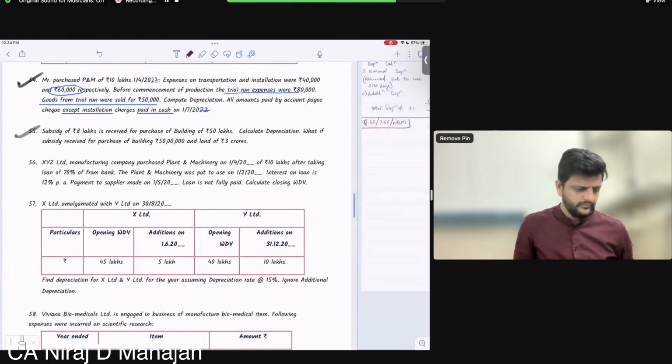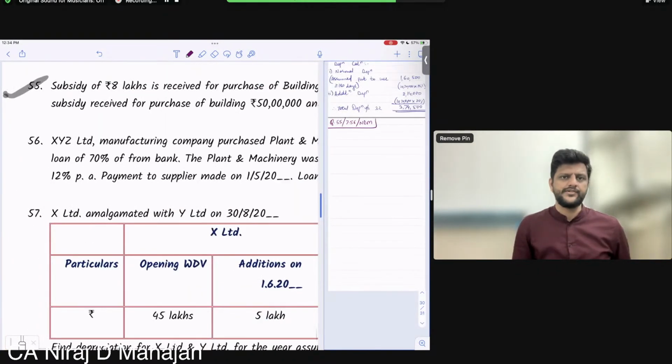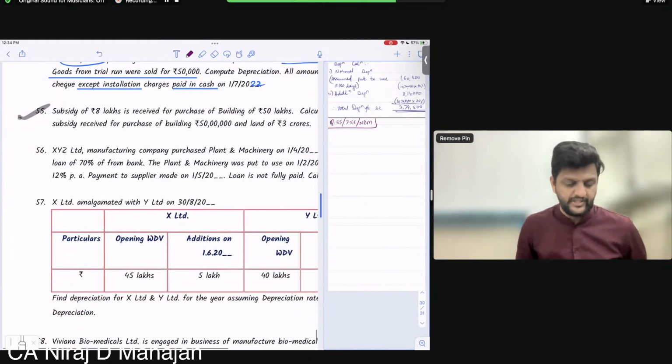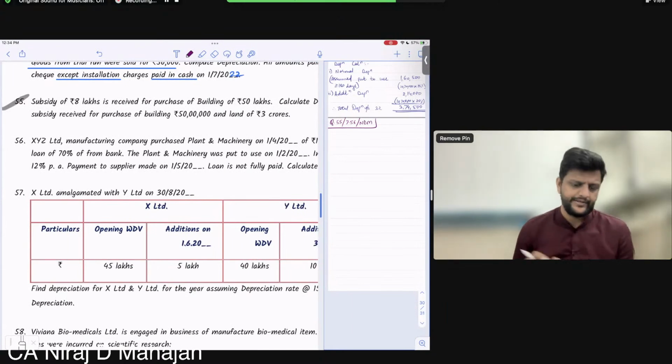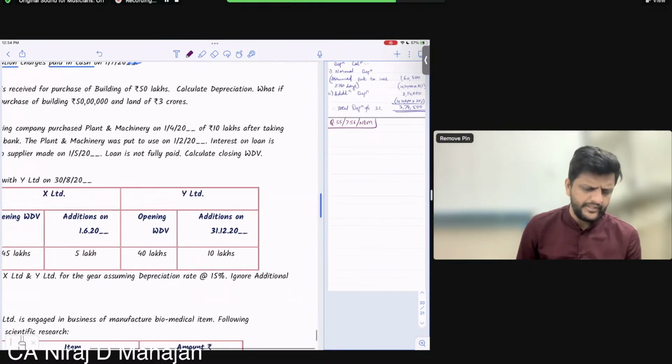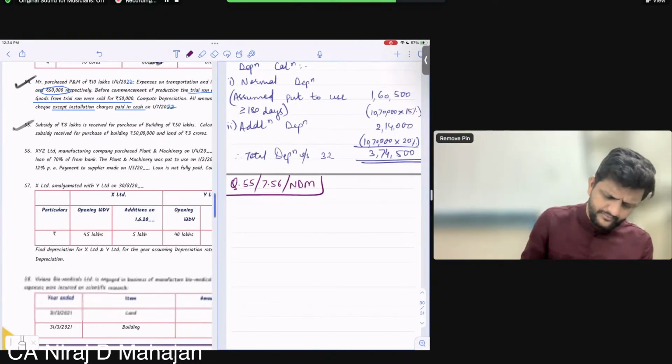Okay. Subsidy of rupees 8 lakhs is received for purchase of building of rupees 50 lakhs. Cost of building is how much? 50. And subsidy receipt is how much? 8. Calculate depreciation on building. First, we'll do one by one, okay? First case. So, case 1.